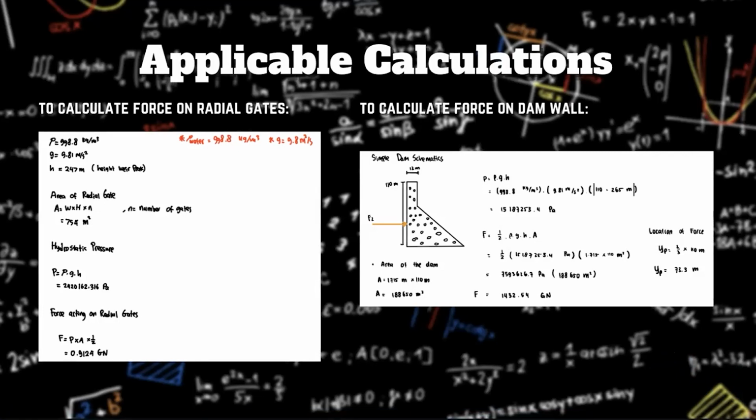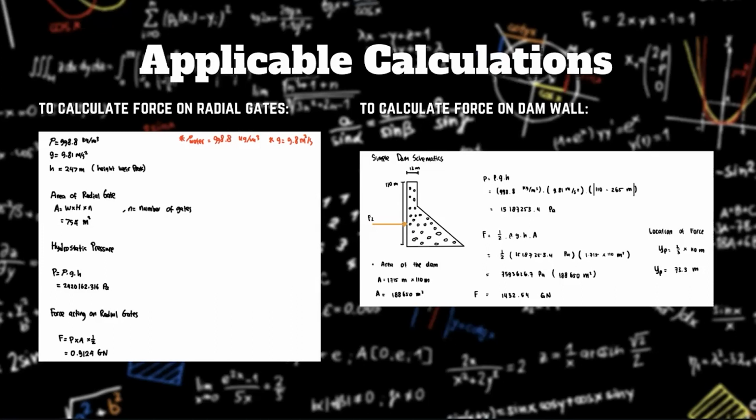For the calculation on the dam, we need to first find the pressure that the dam holds. By calculation, the dam holds around 15.2 gigapascal. Next we use the hydrostatic force formula to find the force, which is half times the water density times the gravity times the height and then times the area. First we need to search for the area.